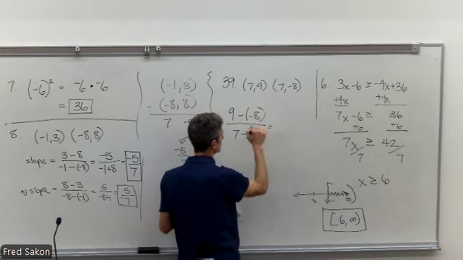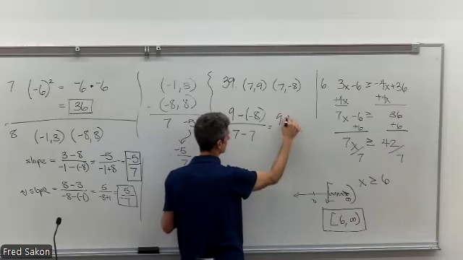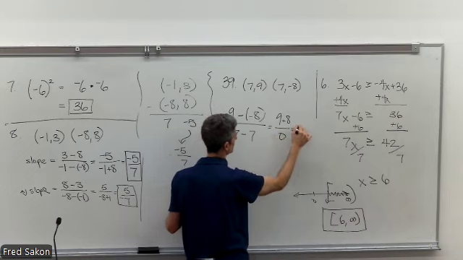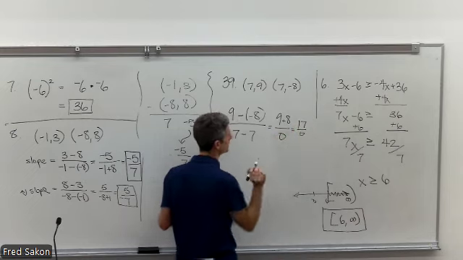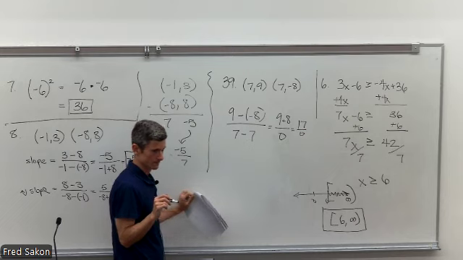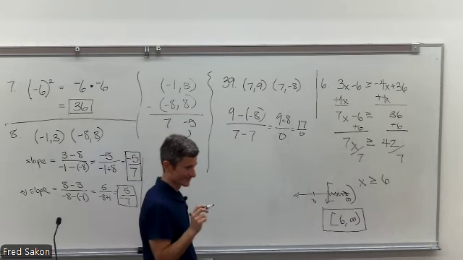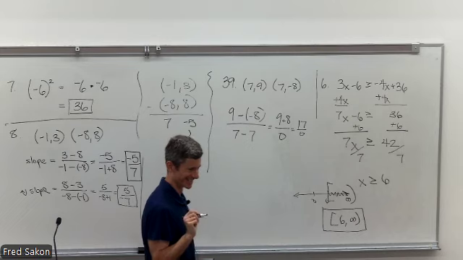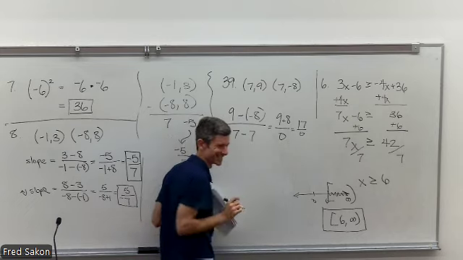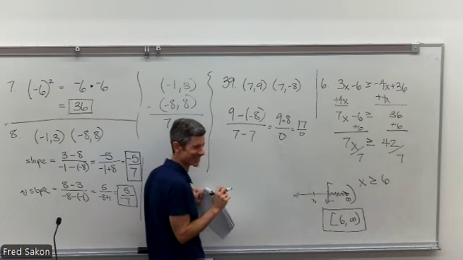I get 9 plus 8 across the top, 0 on the bottom. So 17 over 0. Is that good? It's unfortunate to have a 0 in the denominator.